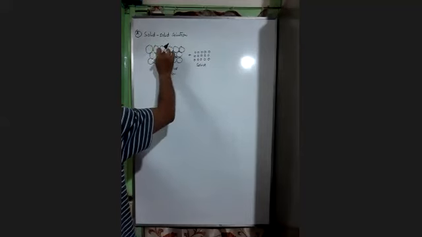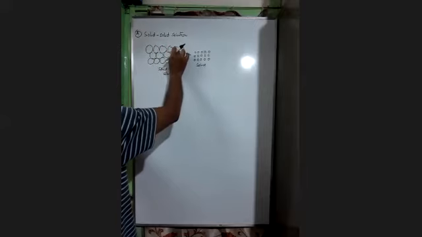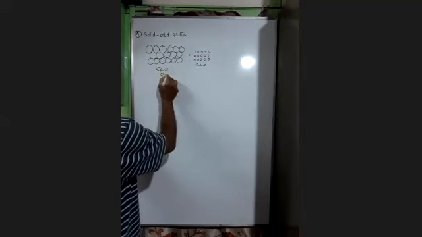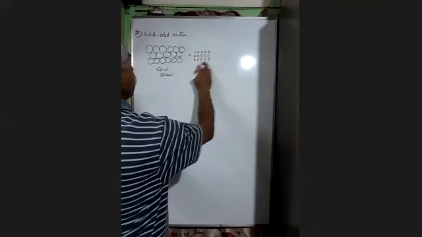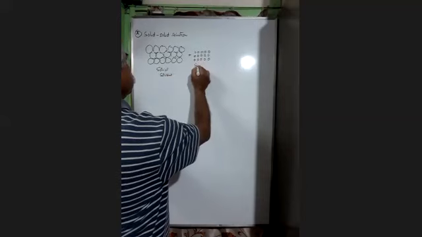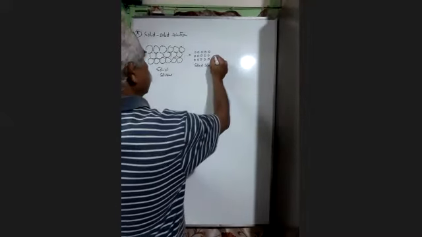I'll draw it separately. So you mix it: a solid solvent and a solid solute. So it is going to form what?